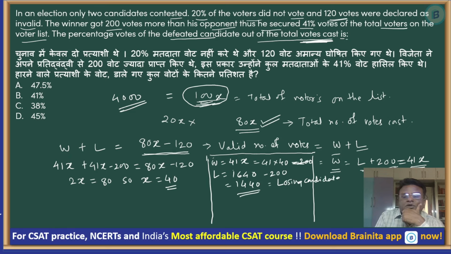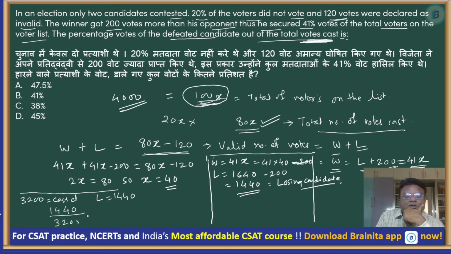Now I've been asked the percentage of this with respect to total votes cast. Total number of votes cast is 80x. 80 into 40 is 3200. 3200 are total votes cast. Loser votes are 1440. So I need to just find the percentage, which is 1440 divided by 3200 into 100.